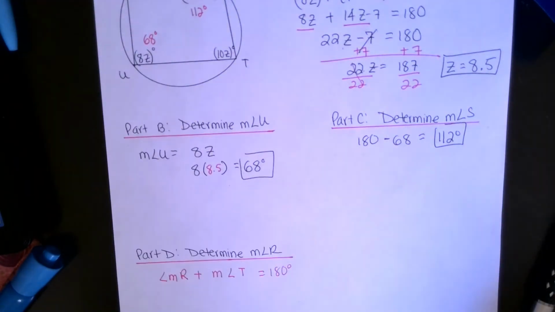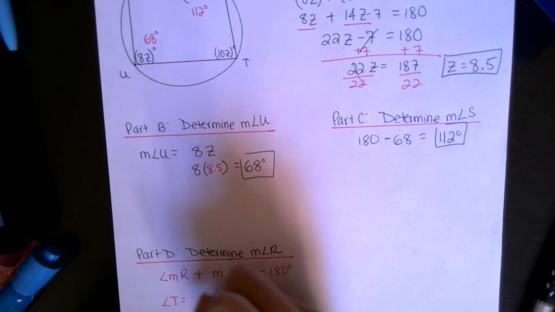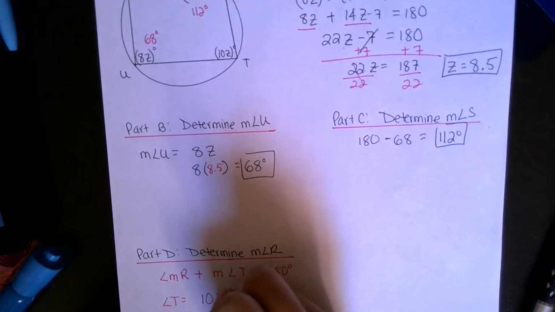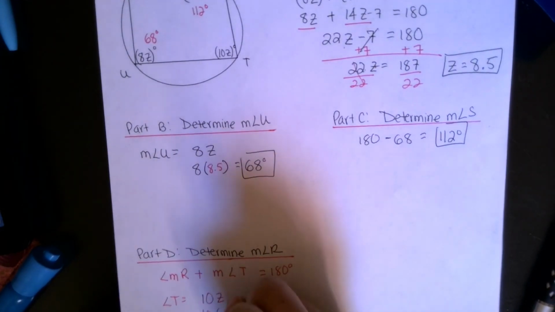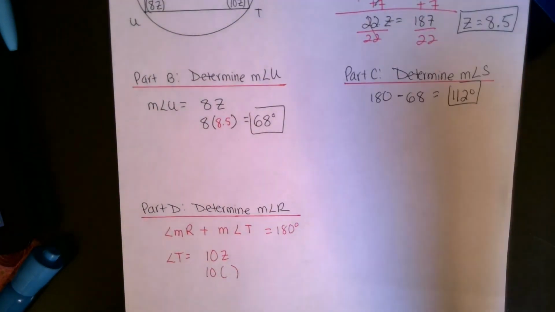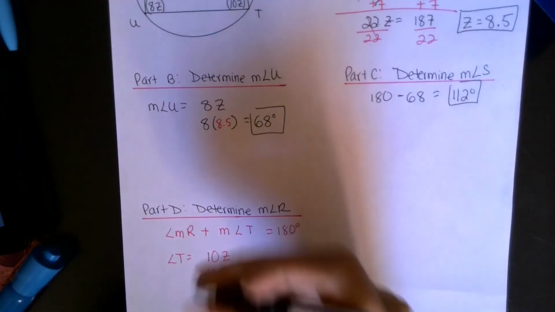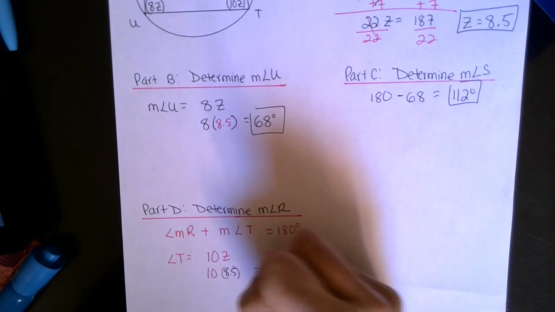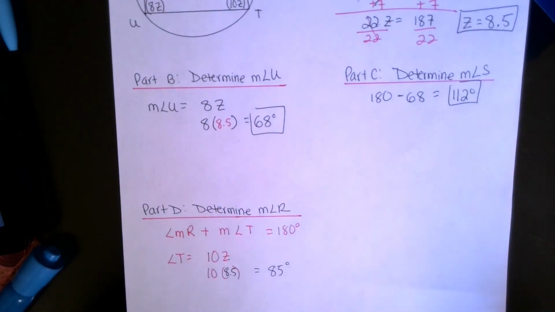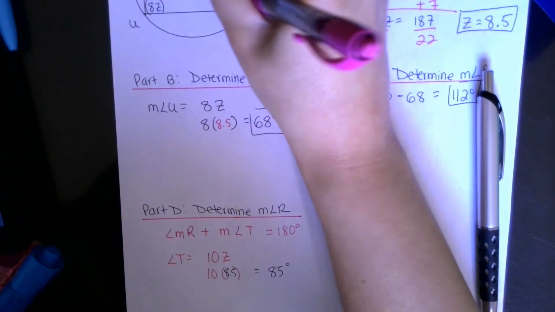So let's find angle T. Angle T is 10 times z. So it's 10 times the z value, which was 8.5, so that's going to give you 85 degrees. So this is 85.